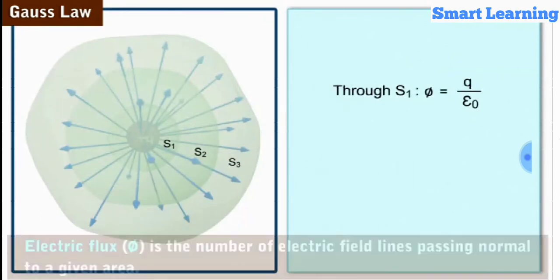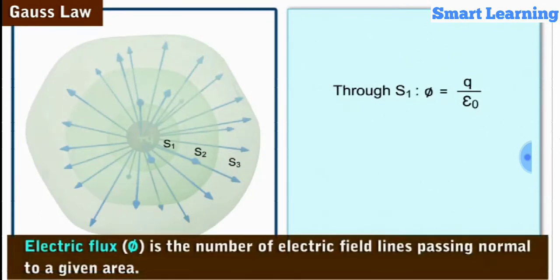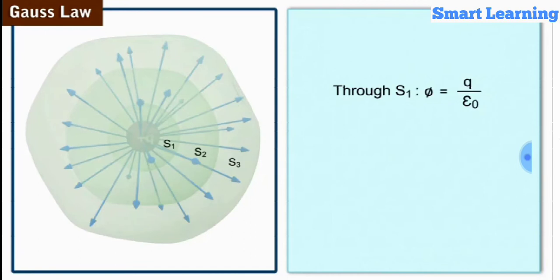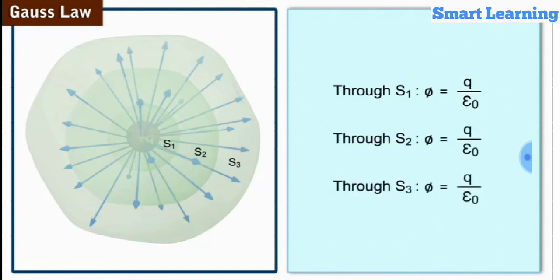By definition, electric flux is the number of electric field lines passing normal to a given area. Here, we observe that the number of electric field lines that pass through S1 also pass through S2 and S3, normal to their surfaces. Hence, the net flux through S2 and S3 is equal to the net flux through S1. That is, phi is equal to Q by epsilon naught.